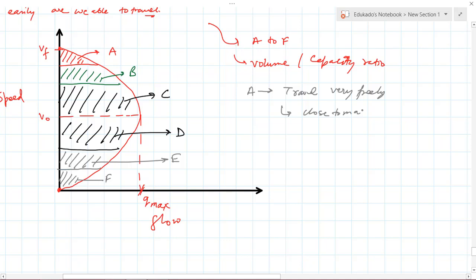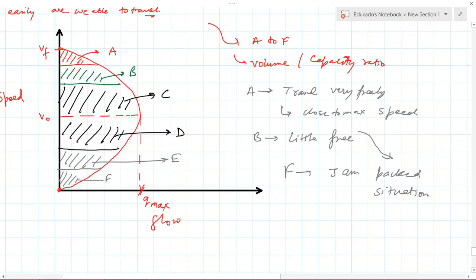For the level of service B, we say it's a little free, but from here that freeness decreases, up to the point of F where there is a jam-packed situation.